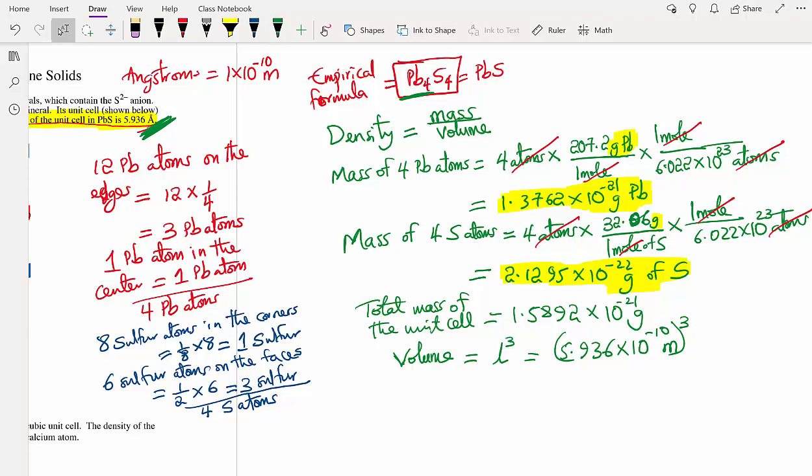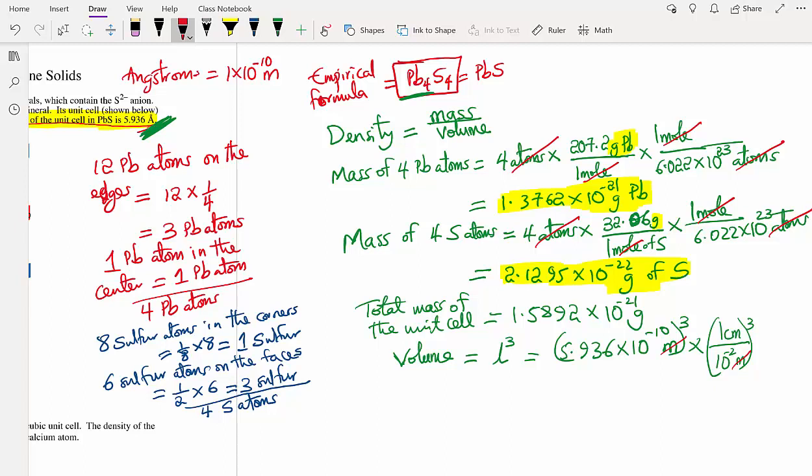Let us convert to cubic centimeters. That will be equal to, multiplied by the conversion factor, 10 to negative 2 meters equals 1 centimeter raised to power 3. Written like this, the cubic meters here will cancel out the cubic meters here.